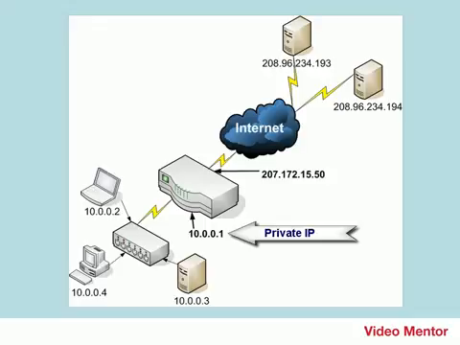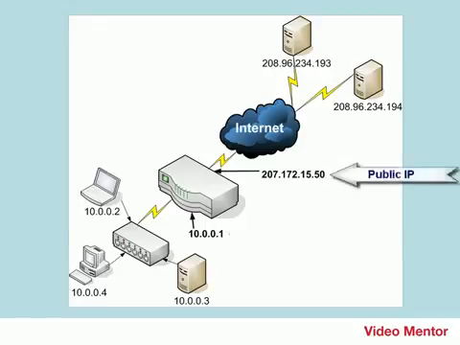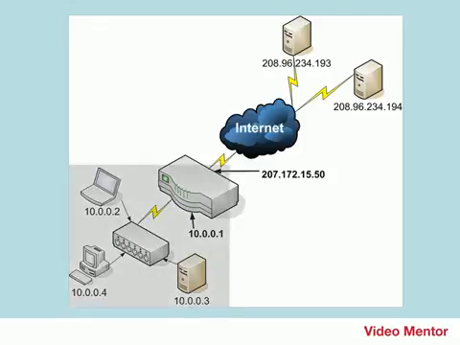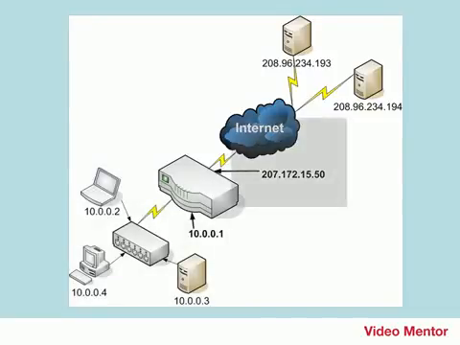That's considered the private address. And on the WAN side, it has the 207.172.15.50 address. And what this device does is it translates for all the computers on the 10 network, but displays all their outgoing requests to the internet with that one publicly displayed address of 207.172.15.50.